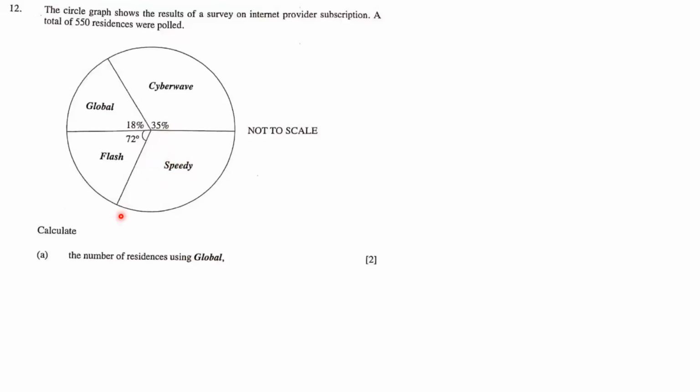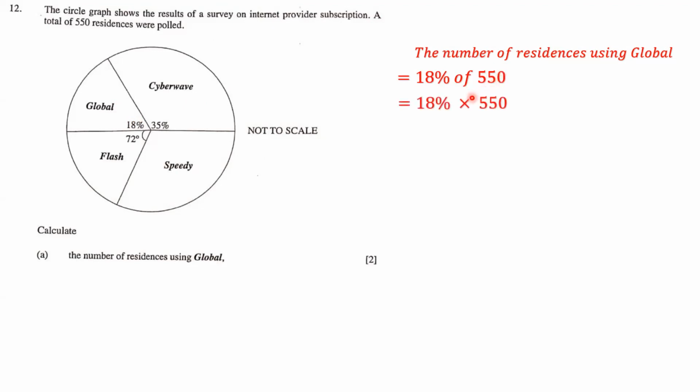So we want to figure out the number of residences using Global, that particular internet provider. Well, there's actually 18%, but 18% of what? 18% of 550, right? And so it's going to be multiplication: 18 over 100 multiplied by 550 over 1.